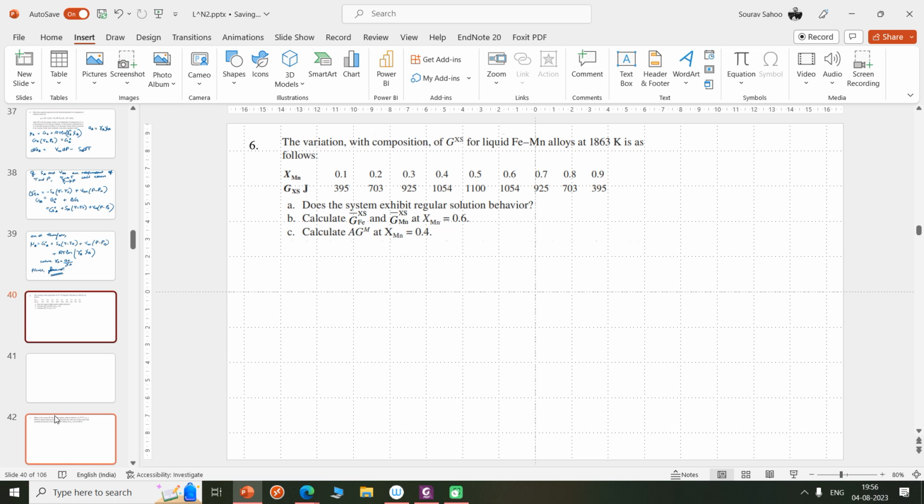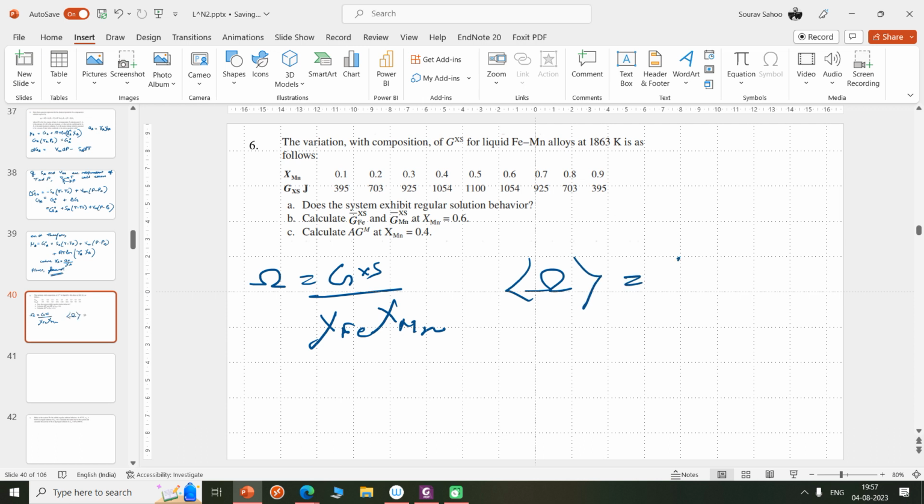Does the system exhibit regular solution behavior? If we take omega as the excess free energy divided by chi times (1 minus chi) for each composition, we just divide each entry in the table and then take an average. What we get is that the average of omega is about 4936 joule.